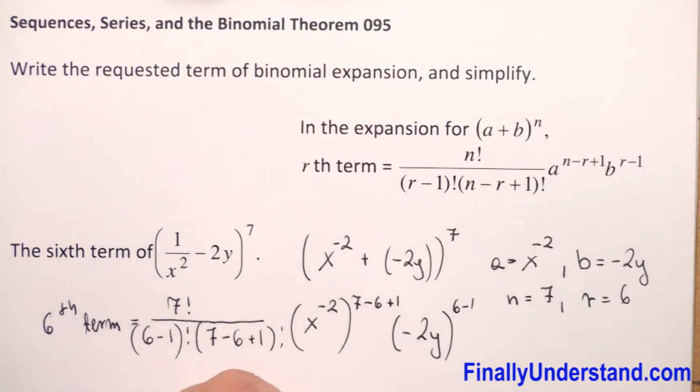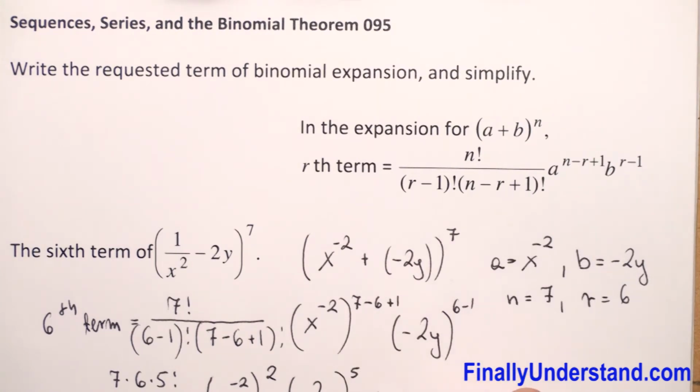So we can write that this is equal to 7 factorial, and we will have 5 factorial in the denominator. 7 factorial is 7 times 6 times 5 factorial over 5 factorial times 2 factorial, and we have x to the power negative 2 to the power 2, and negative 2y to the power fifth.